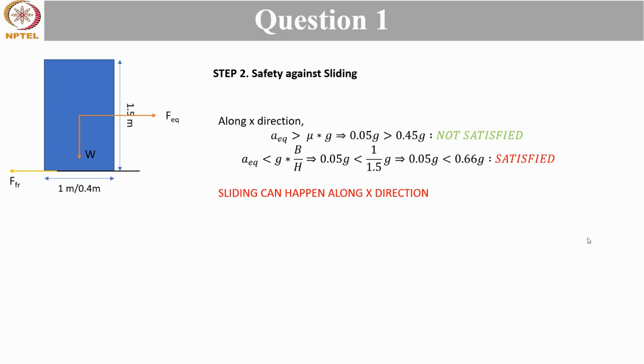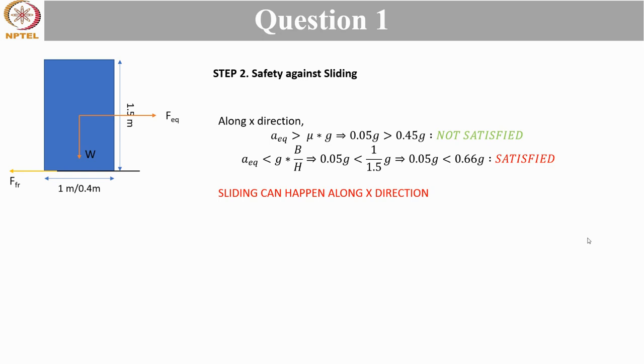So we have simplified the relationships before also. So the two conditions are AEQ must be greater than mu g. If this happens, then sliding will occur. And at the same time, if AEQ is less than gB by H, then sliding will occur. Now substituting the values that we have in the question, the first condition is not satisfied, but the second condition is satisfied.